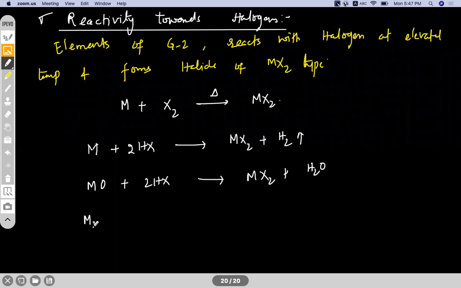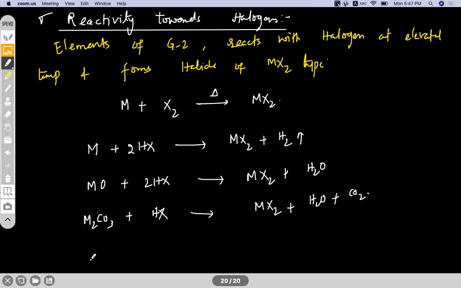Carbonate, if you see, MCO3 plus 2HX forms MX2 plus H2O plus CO2. Hydroxide, if you see, M(OH)2 plus 2HX forms MX2 plus 2H2O.